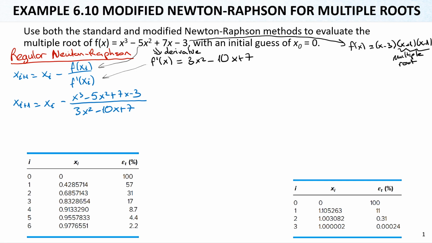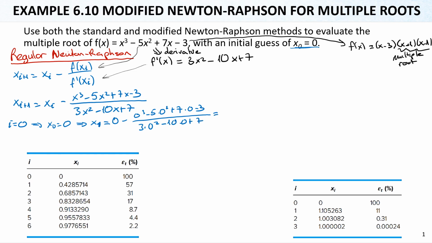And now we can start from i equals 0. The initial guess is 0, x0 is 0. If we use this in here, we find x1, which equals x0 minus, and x0 is 0 actually, 0 minus 0 cubed minus 5 times 0 squared plus 7 times 0 minus 3 divided by 3 times 0 squared minus 10 times 0 plus 7.